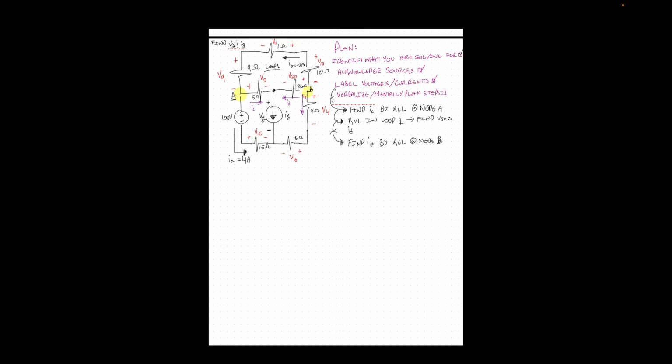All right, so let's go ahead and expand on this. My knowns at this point, as far as currents go, are IC and ID. Therefore, I can find IG.